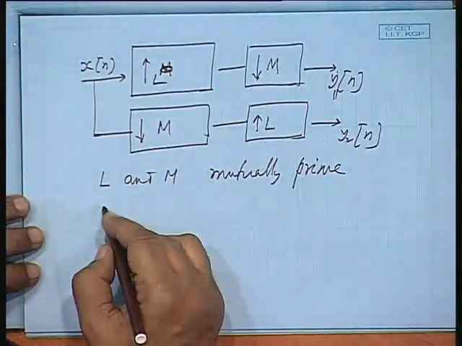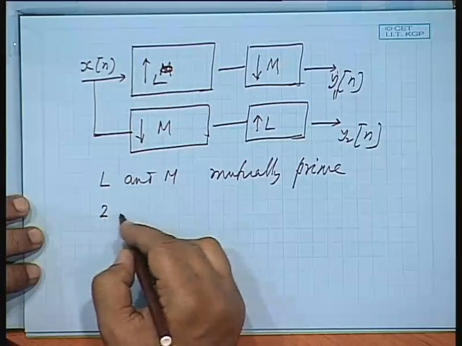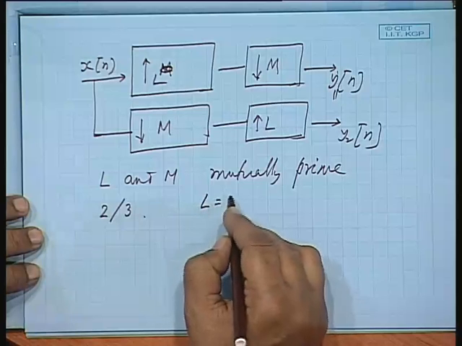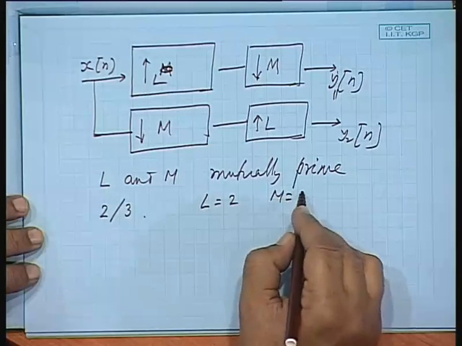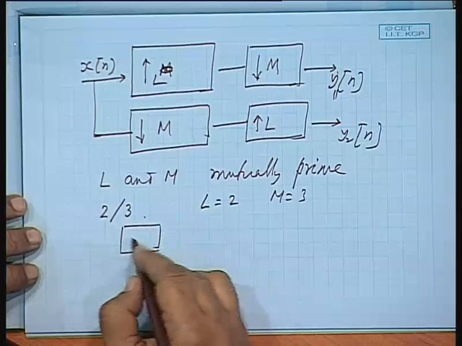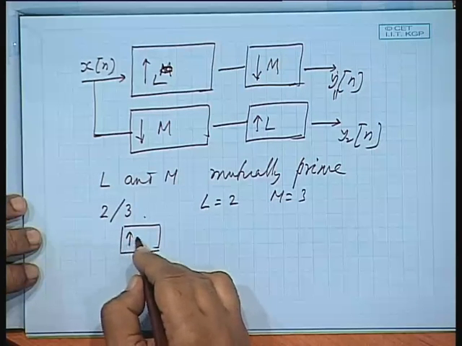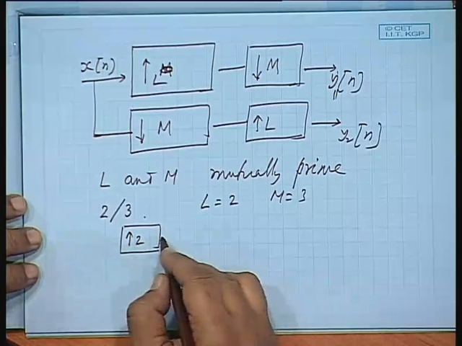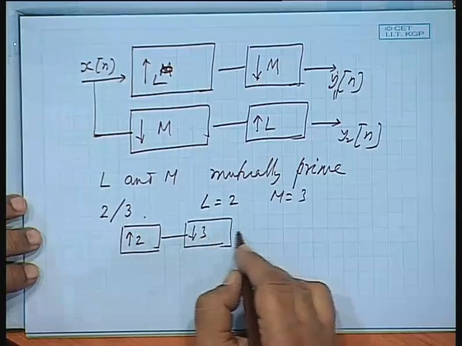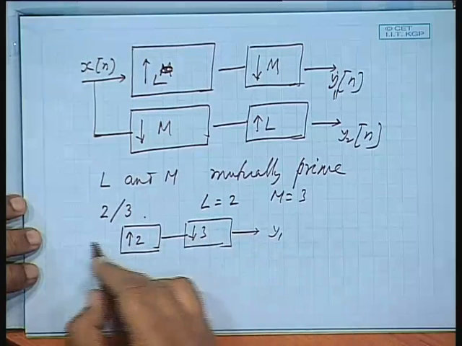Now, I leave it as an exercise. You try at home, take say a factor of 2 and a factor of 3, L is equal to 2, M is equal to 3. So, in one case you experiment, you have an upsampler of factor 2 and a downsampler of factor 3, observe y1.